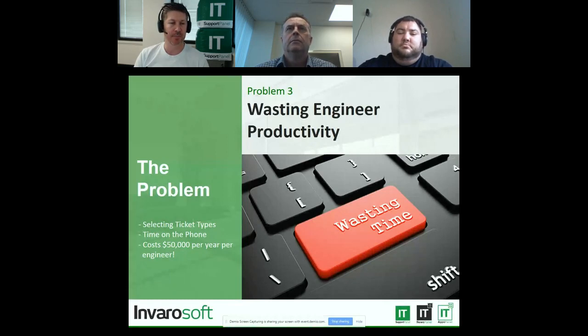So we found, and the calculation that I've got there is about $50,000 a year, that we're spending about 5 minutes a ticket either on the phone or, if it comes in on an email, going back and forth to confirm it and fill in the ticket types. So 5 minutes times 15 tickets a day, which we averaged, times 260 days times an average hourly rate of $150 an hour.